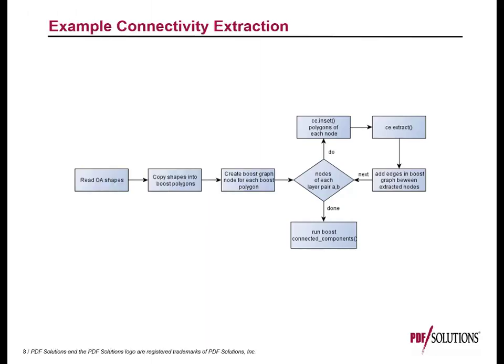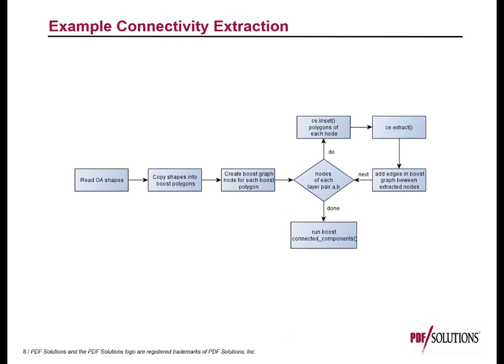Okay, so how does this work again? I just quickly, I mean, there are many ways of implementing that, and if we do it in OA script, we would probably do it slightly differently, but this is how the example works. I would read my OA shapes, copy these shapes to Boost polygons, and create my Boost graph with a node for each shape I have. So I have n nodes in my graph, meaning n polygons.